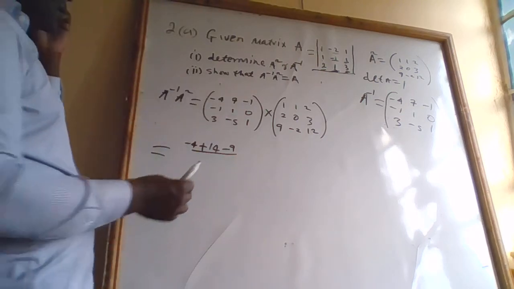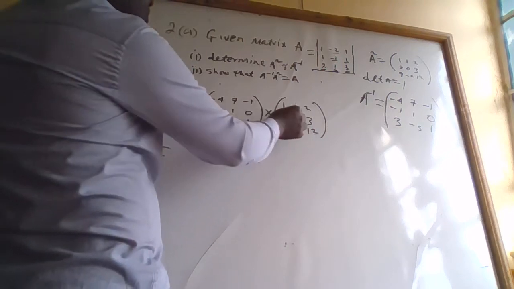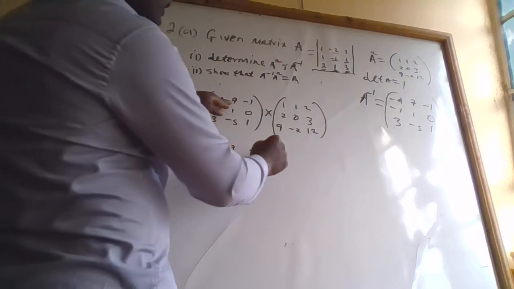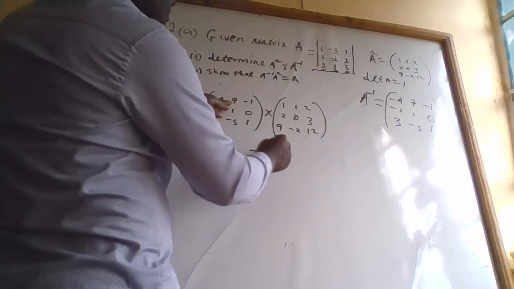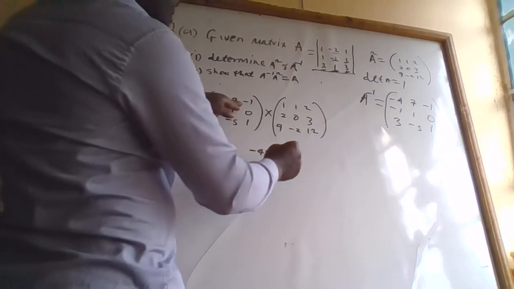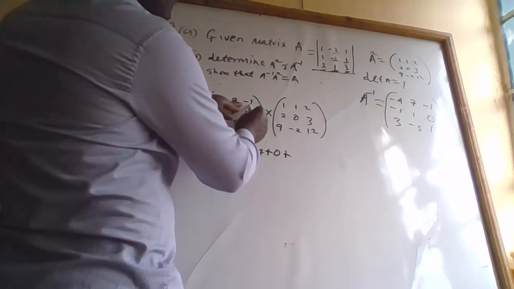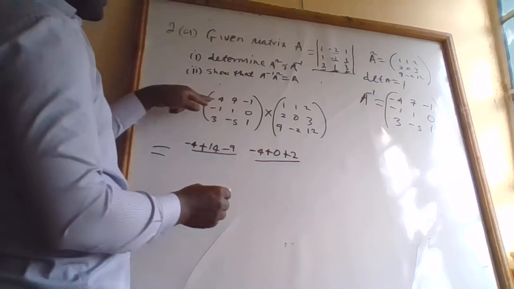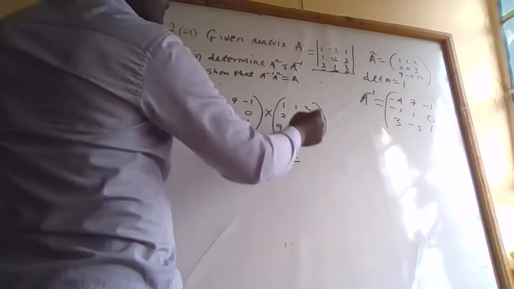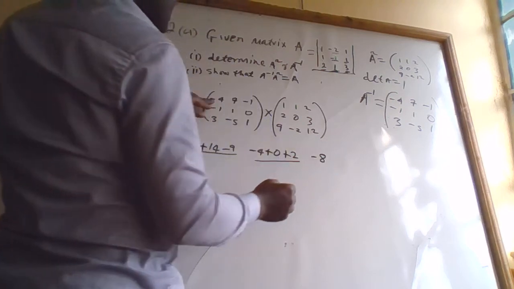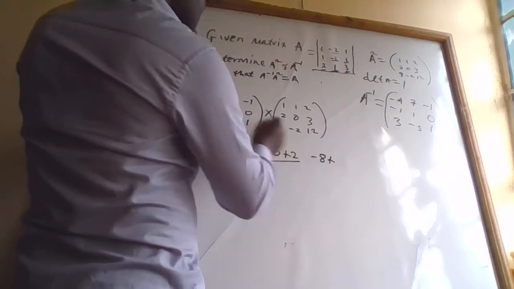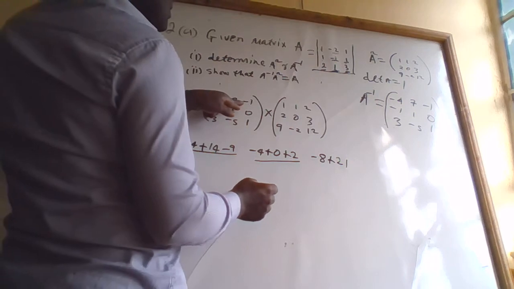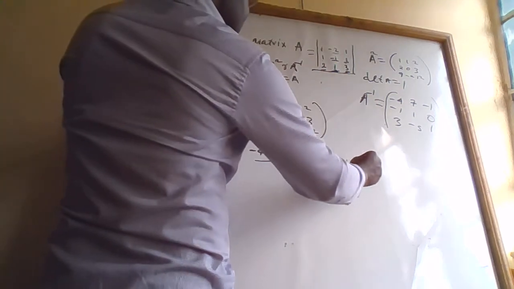Then negative 4 times 1, we have negative 4, then plus 7 times 0, 0, then plus negative 1 times 2, we have minus 2. Then negative 4 times 2, we have negative 8, then plus 7 times 3, 21, then negative 1 times 12, minus 12.